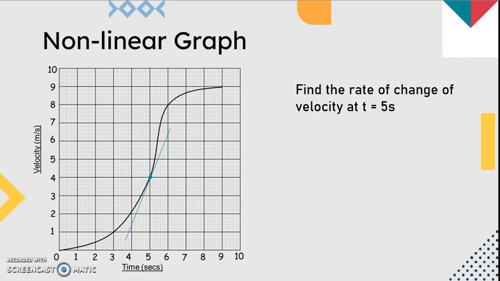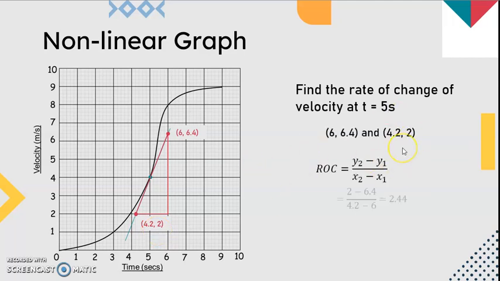So now you have to pick 2 points. In this case, I pick these 2 points. Why? Because they intersect with this graph here. So the 2 points are 6, 6.4 and also 4.2, 2. Now you apply the rate of change or the gradient, and you'll get your answer to be 2.44.